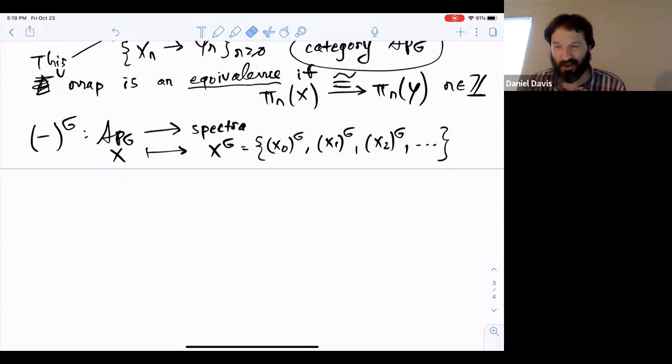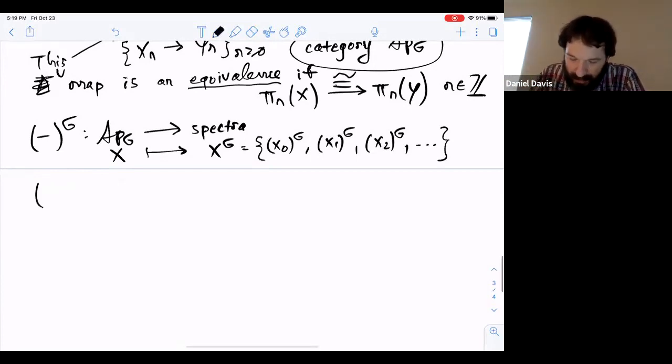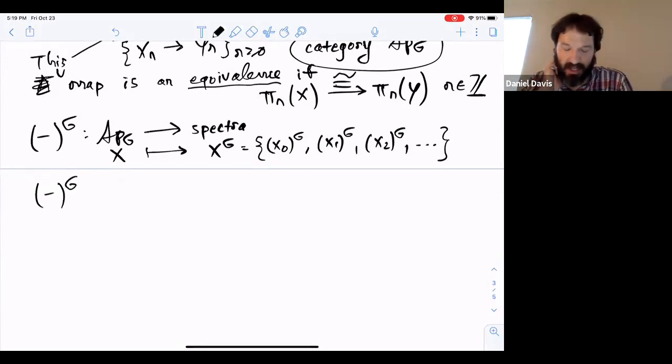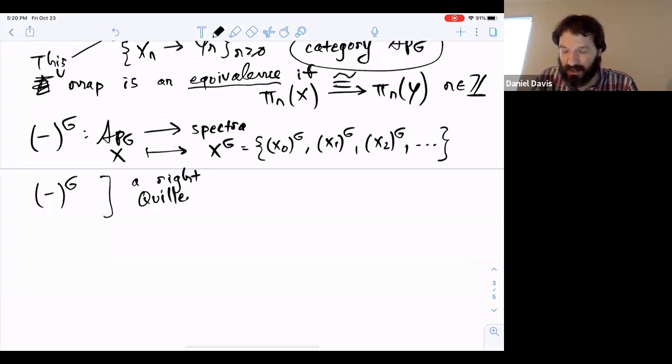I'm getting short on time, so let me say the following. Back in the algebraic setting, this functor is a right adjoint from G modules to abelian groups. Now in the setting of spectra, this functor is again a right adjoint, and it's what we call a right Quillen functor.